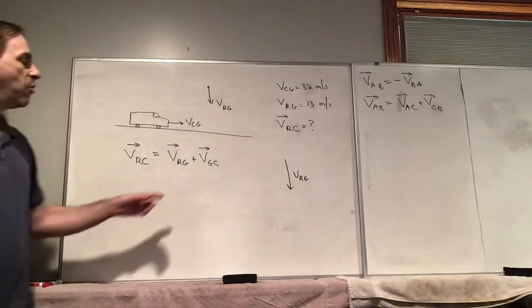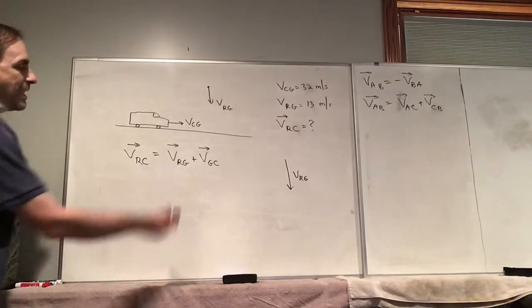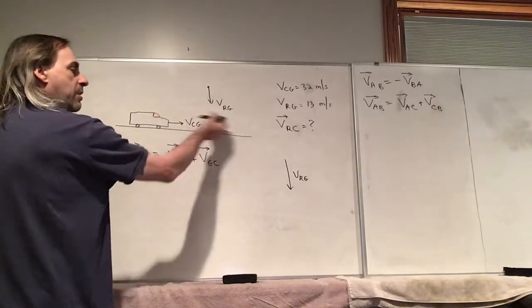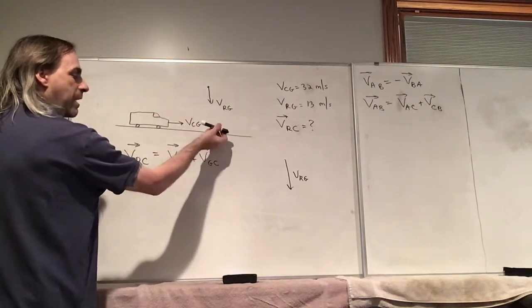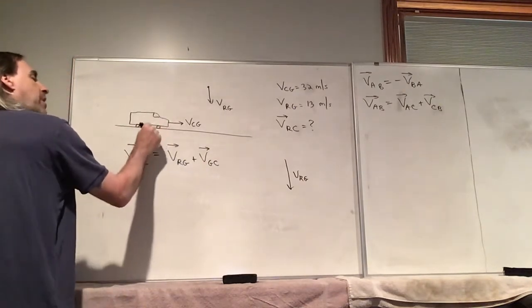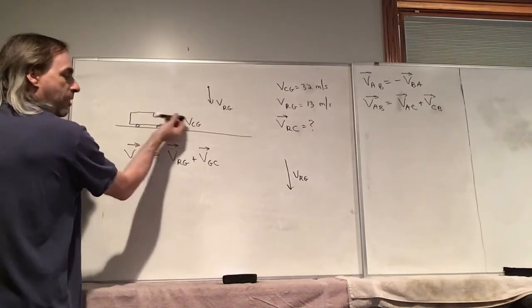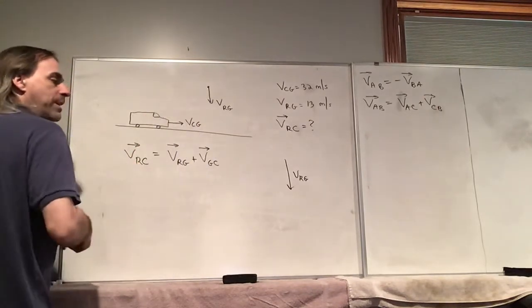Now what about the velocity of the ground relative to the car? The velocity of the car relative to the ground is to the right, and so the velocity of the ground relative to the car would point to the left.